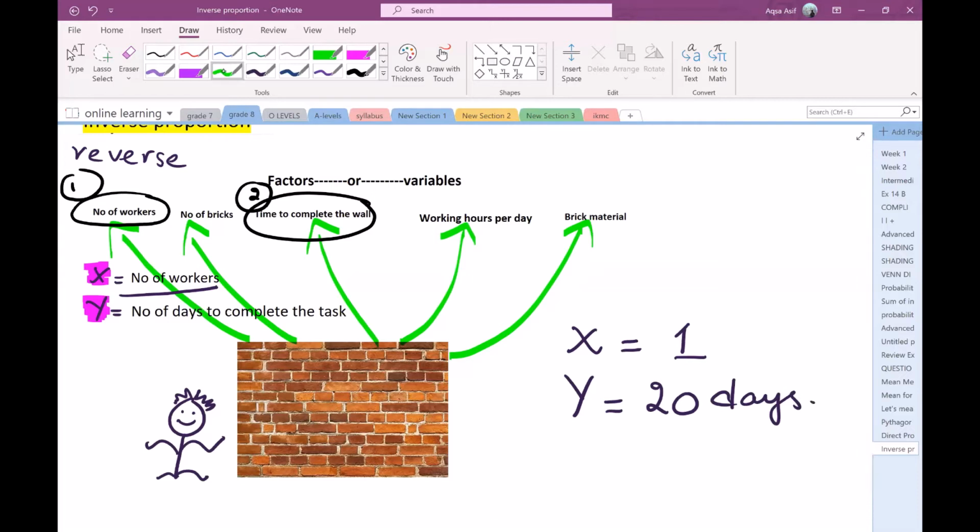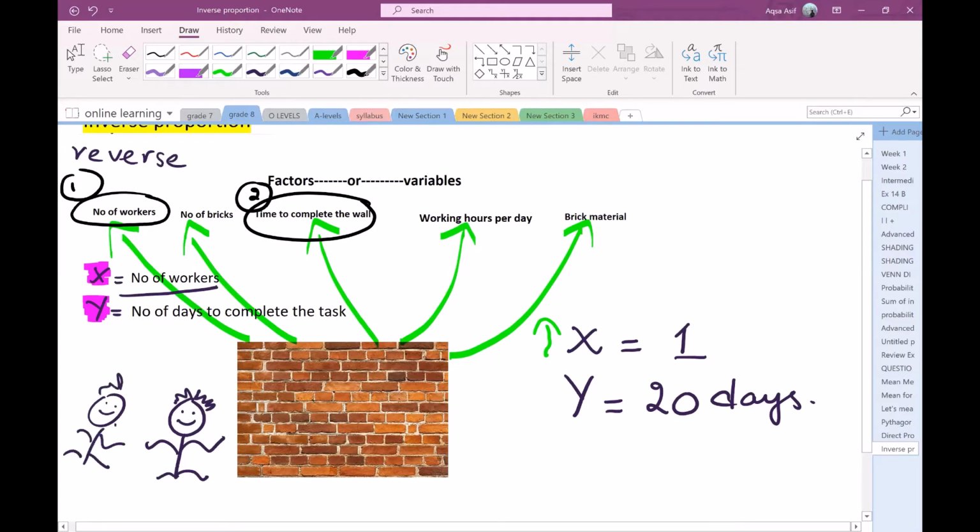Now what happens if this X is changed, if X is increased? What happens if the number of workers is increased? Now we have 3 workers. So what happens? If there is an increase in the number of workers, the days that are required to complete the task will be reduced, isn't it? 3 workers will be able to complete the task in fewer days.